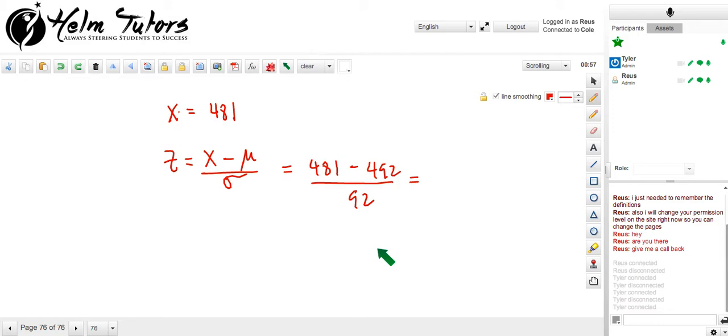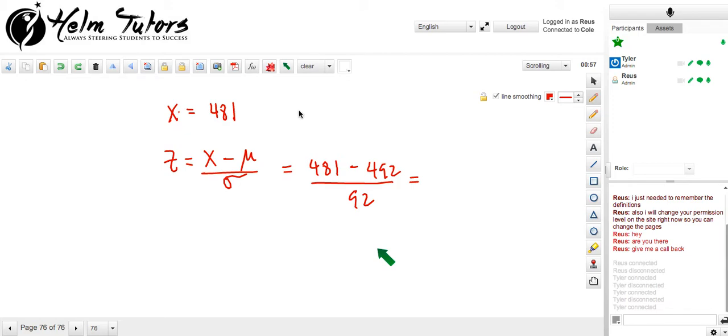Okay, negative 0.141. So when I have the score, what do I do? Because we don't get the charts. Divided by 92 is negative 0.119.